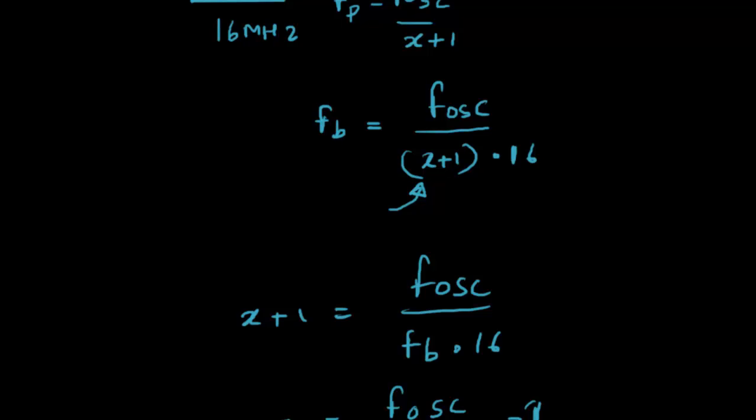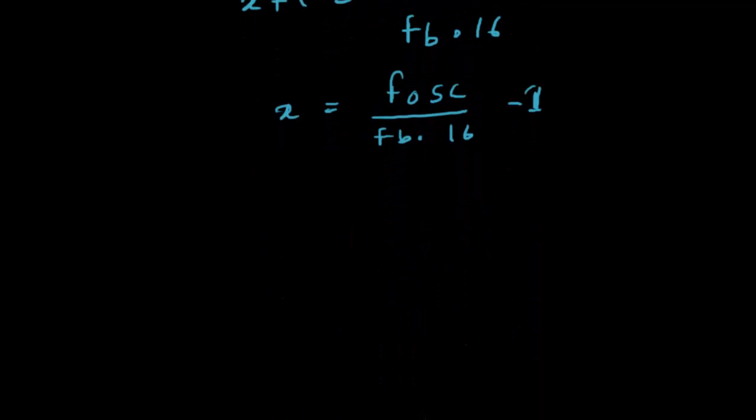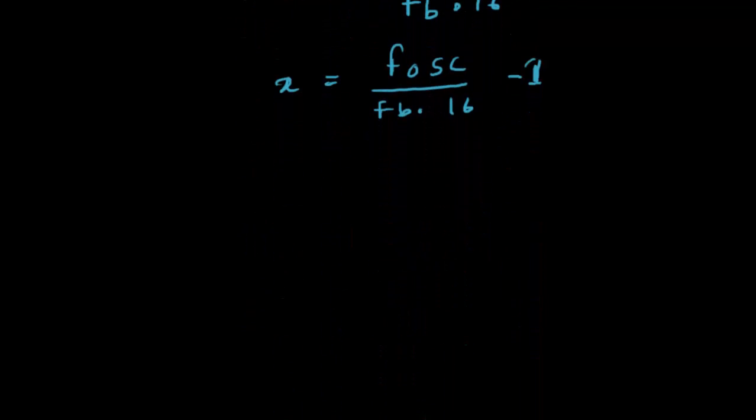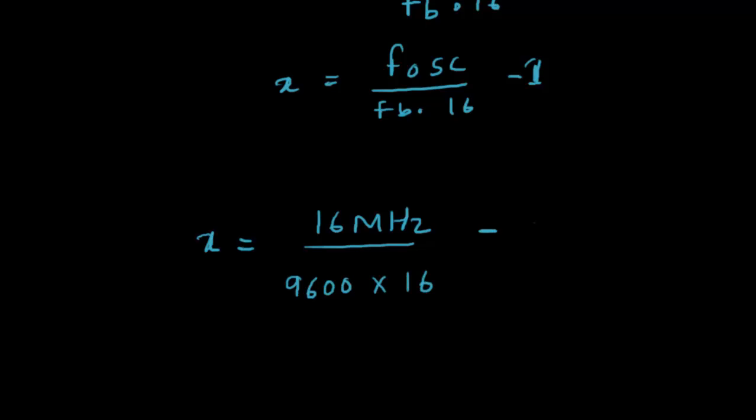Now let us do a quick example for the fairly common baud rate of 9600. We are running on a 16 megahertz crystal, and we need a baud rate of 9600. So F oscillator divided by (9600 into 16), minus 1, and if I do that, the value is 103.16.